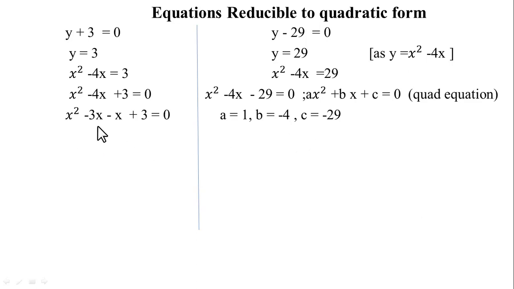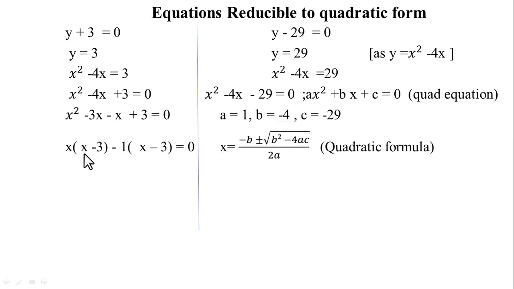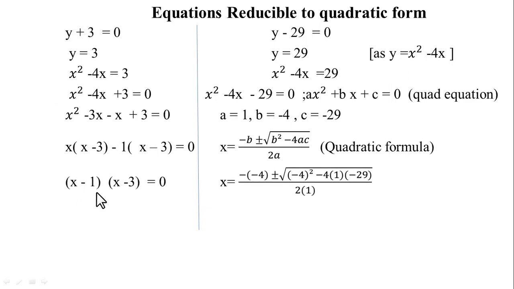Here we take common x and minus 1, so x into x minus 3 and minus 1 into x minus 3 is equal to 0. For the other equation we use the quadratic formula: x is equal to minus b plus minus square root of b square minus 4ac upon 2a. Here we have two factors, x minus 1 into x minus 3, and here we put the values of a, b, c.